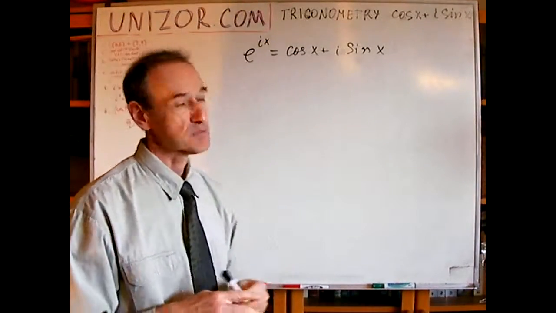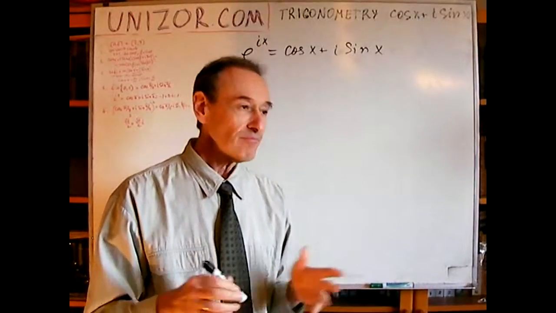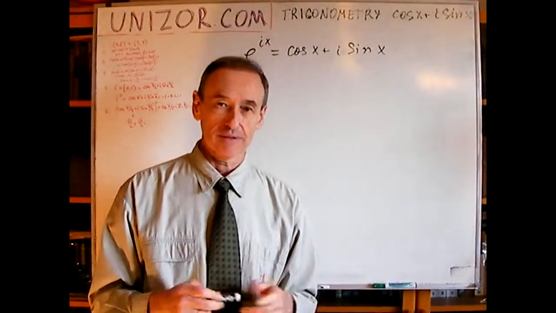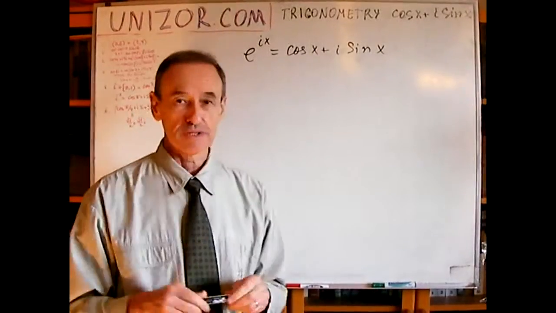And this is how it's expressed in trigonometry. Well, it's unexpected. It's called Euler's formula.